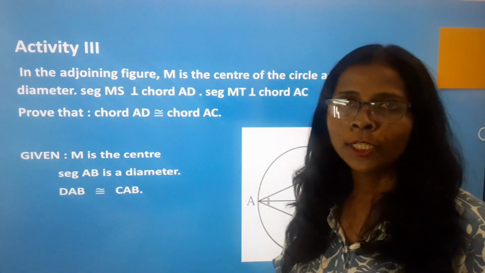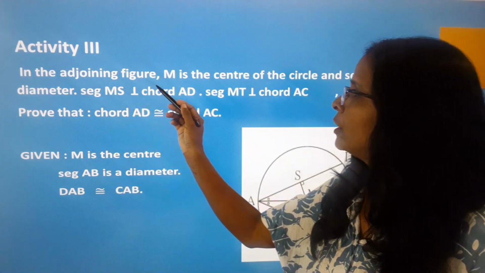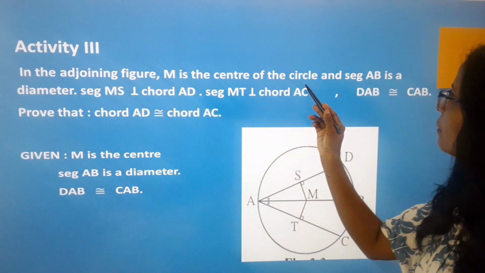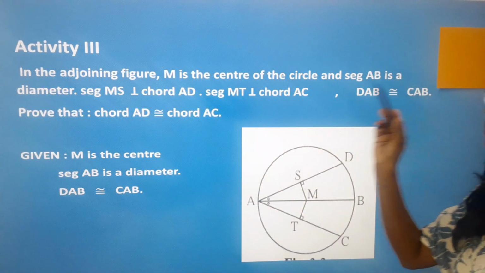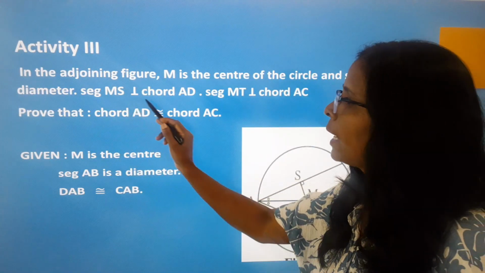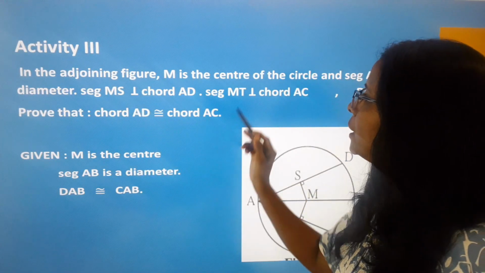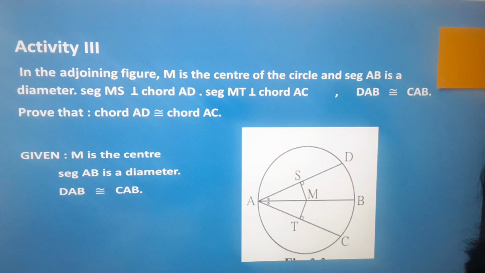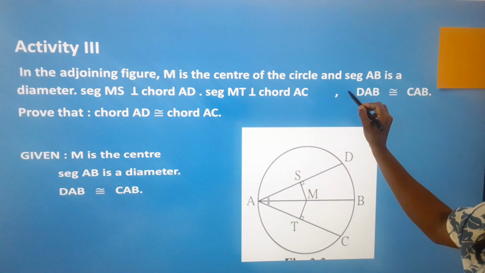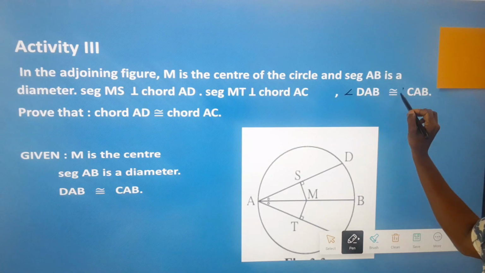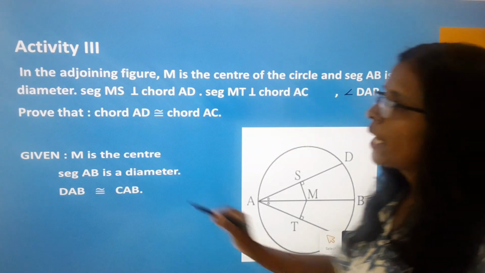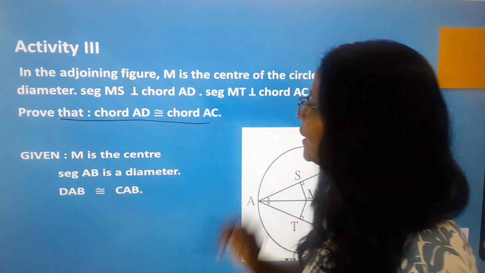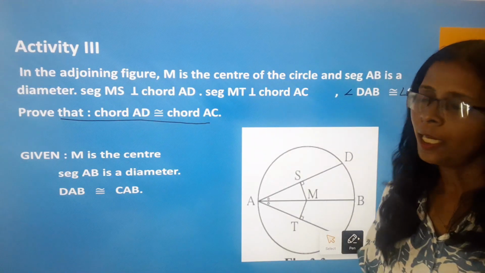Third activity, students. In the adjoining figure, M is the center of the circle and segment AB is a diameter. Segment MS is perpendicular to chord AD, segment MT is perpendicular to chord AC, angle DAB is congruent to angle CAB, and we have to prove that chord AD is congruent to chord AC.